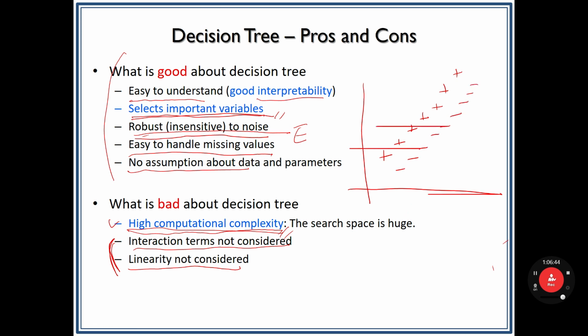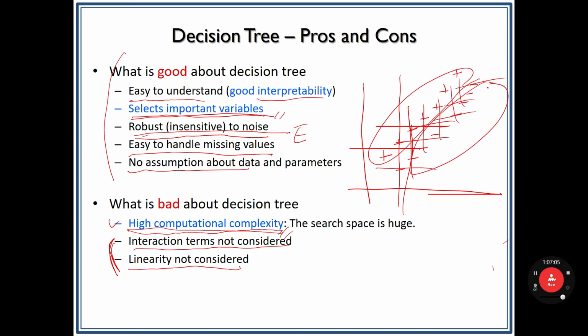Then to make a decision tree based on this data set, we have to make lots of splits, right? Because the split can be made orthogonal to the axis, we have to make this kind of splits to discriminate these two groups. So it cannot consider the linearity or interaction terms.